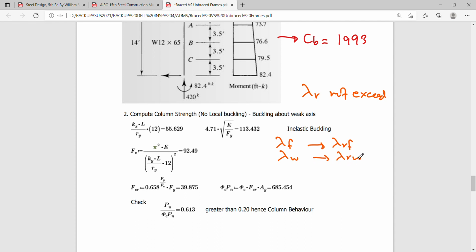Okay, so in case we have concluded that this has no local buckling, we can then proceed with the checking of the weak axis.